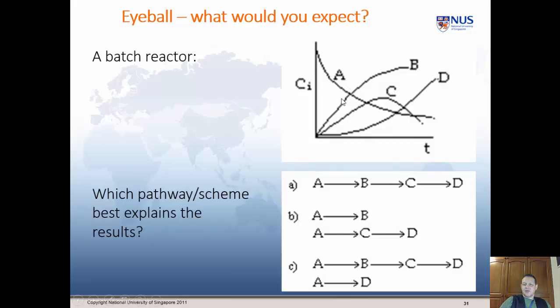A goes to B, and you can see they're rising and falling at the same time, and then A goes to C, and C goes to D, and you can see C and D then also are rising and falling at the same time. So the eyeball look at this in a batch reactor would probably be scheme B. You don't lose logic in this. That type of analysis is very useful as a first stop so that you know where you're going.